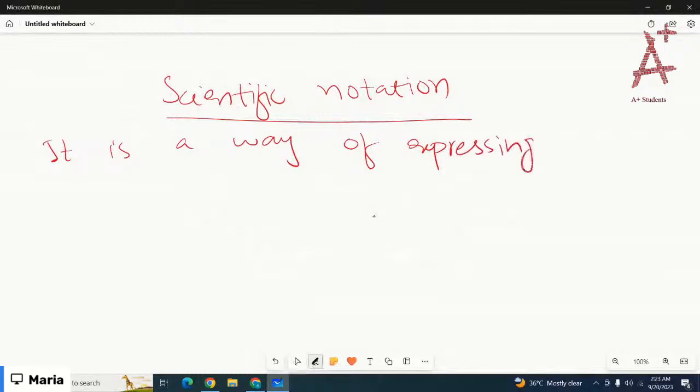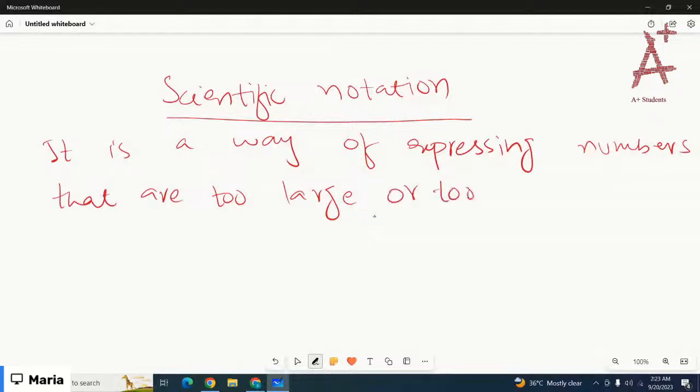The numbers that are too large or too small to be written in decimal form, right? That is the definition of scientific notation.